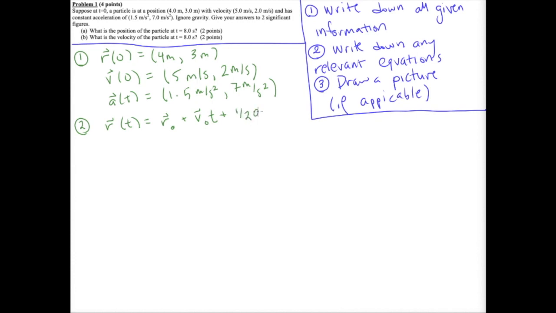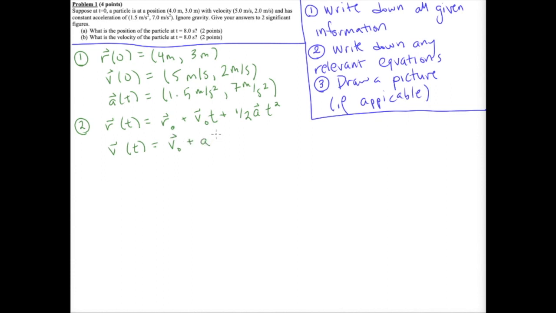In general, I would recommend writing down all 4 so you have that information ready to use. Hopefully this equation looks familiar. I wrote it in terms of r, but we will be using it in terms of x and y in just a second. And my velocity equation hopefully looks familiar too.